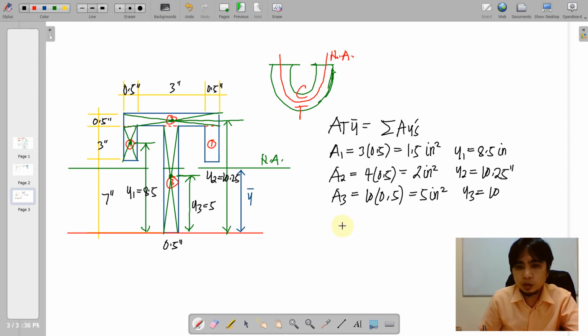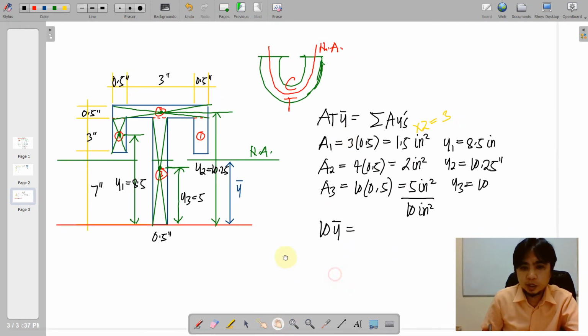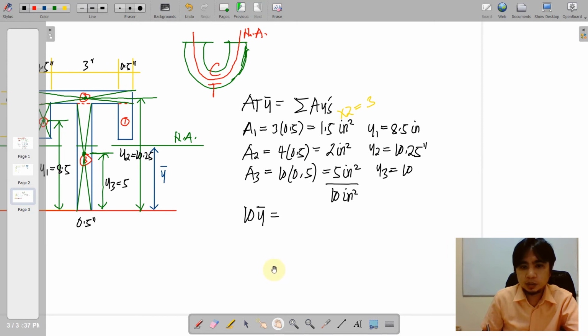Then we calculate the total area from this. Of course, 1.5 should be multiplied by 2 so that this becomes 3 square inches. So we add all of those: 3 plus 2 plus 5 is 10 square inches. So we write the formula 10 y bar, and then area 1 should count as 2 areas, so we multiply that by 2.